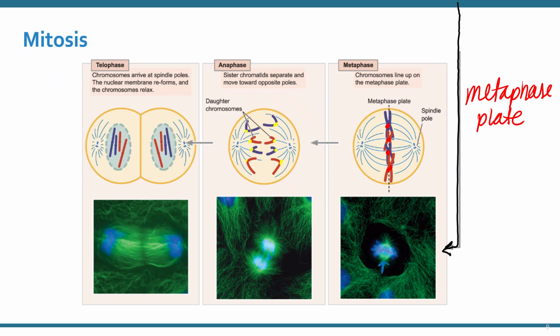As soon as they pull apart, we enter telophase, and in telophase, everything sort of relaxes. Our nuclear envelope reforms, our chromosomes begin to relax, our mitotic spindle begins to break down, and cytokinesis starts to take place.